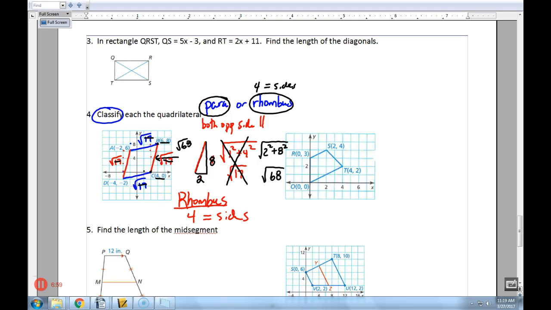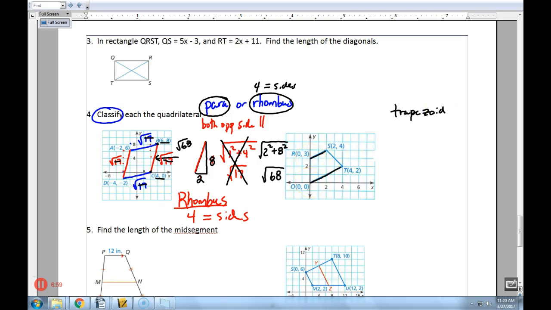All right, this one over here, well, I am pretty confident that we don't have 2 sets of parallel sides. So that wipes out all the parallelograms, rhombuses, rectangles, squares. But to me, this looks like a trapezoid. So I'm going to just double check to see if it's a trapezoid. And all I need to make sure is that it has 1 pair of parallel sides.